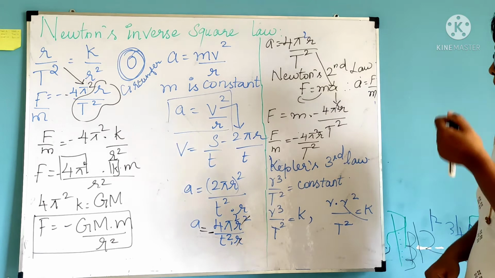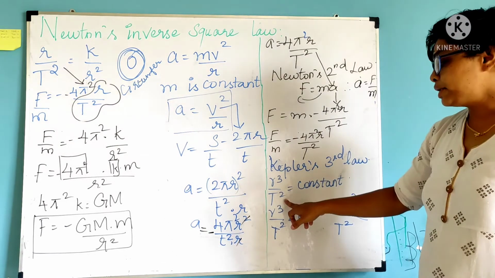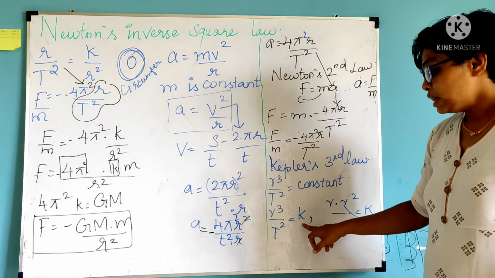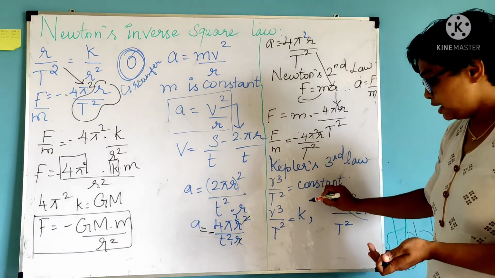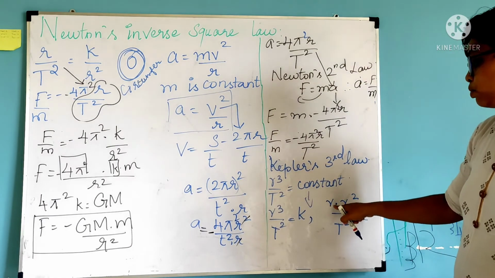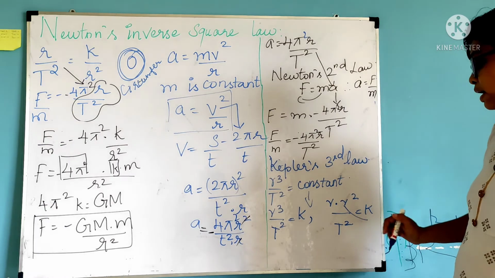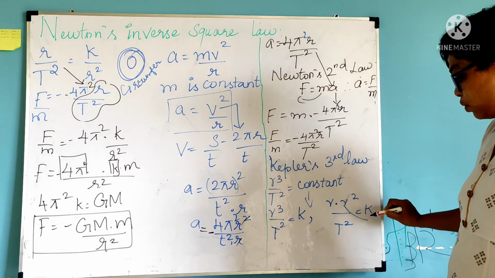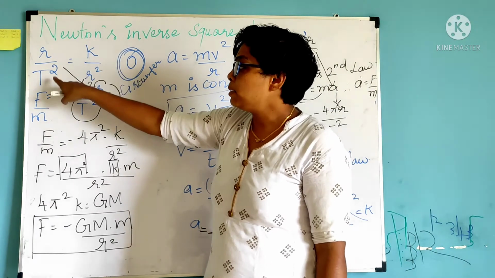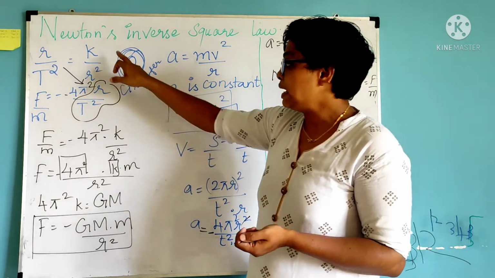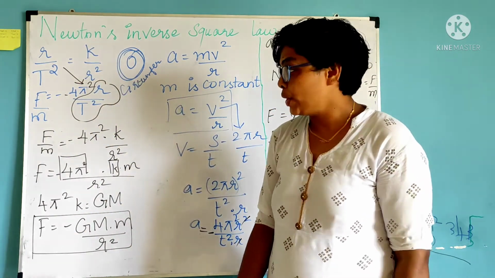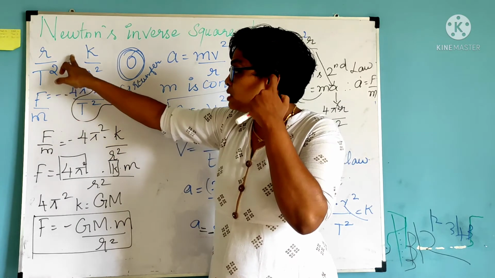When you apply Kepler's third law, r cube by t squared is constant. That constant is k here. We can write r cube as r into r square divided by t square. Now I am bringing down this r square here. So r by t square is equal to k divided by r square. Keep F by m instead of this.